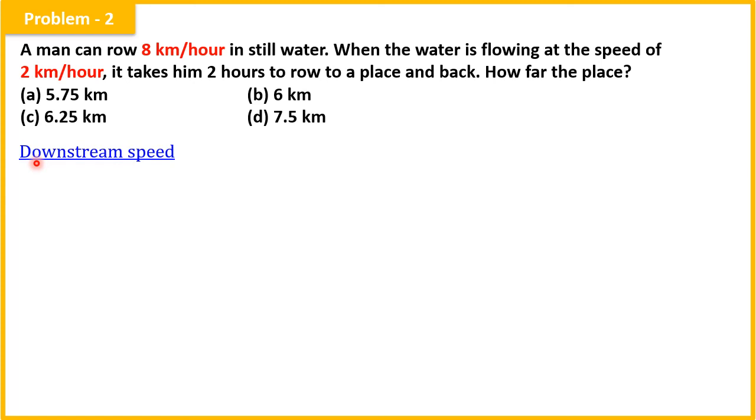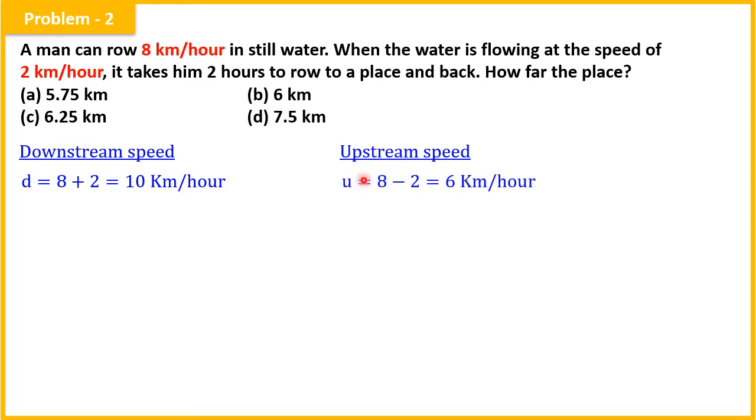So downstream speed is equal to B plus W, यानी 8 is the speed in still water plus water current का speed 2 किलोमीटर पर आवर. So downstream speed हो जाती है 10 किलोमीटर पर आवर. उसी तरह से upstream speed is equal to 8 kilometer per hour, that is speed in still water, minus speed of water current. If we do, we get upstream speed as 6 kilometer per hour.